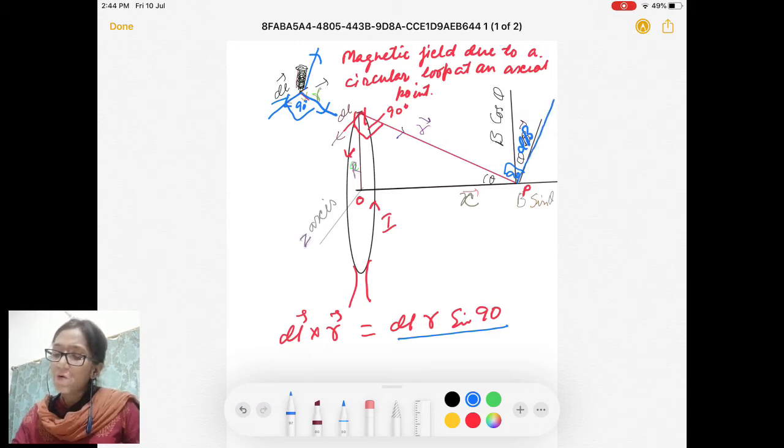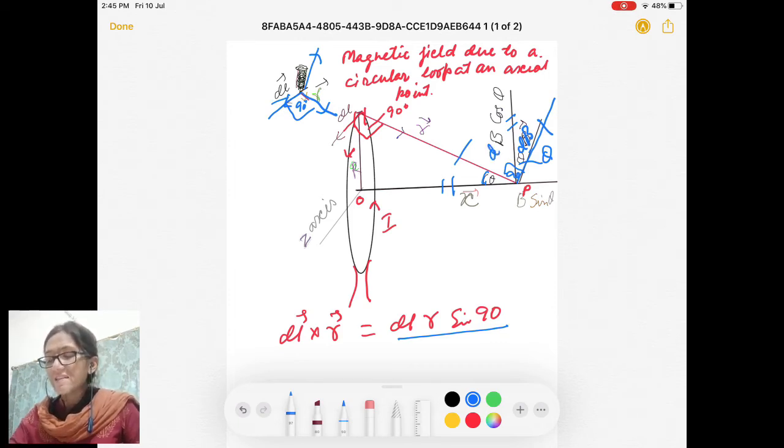Okay, so I have drawn one dB vector along this direction. Now when two vectors meet at some angle theta, then their perpendiculars will also be at the same angle theta.